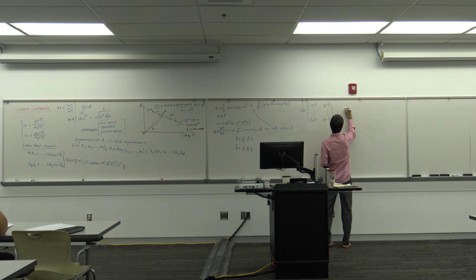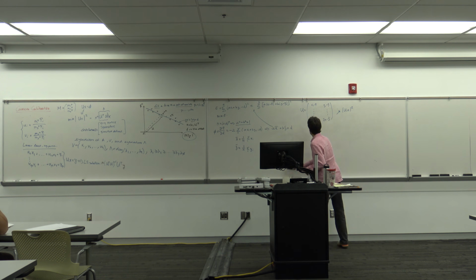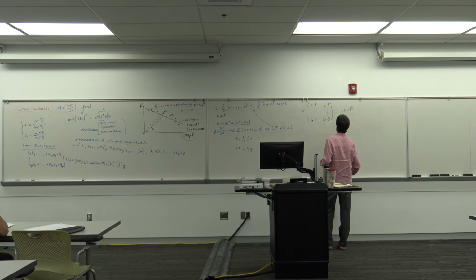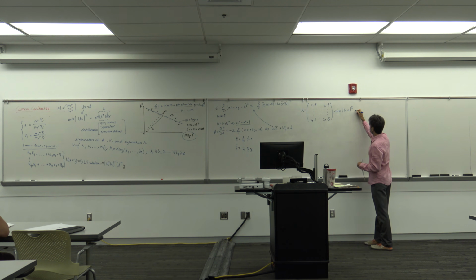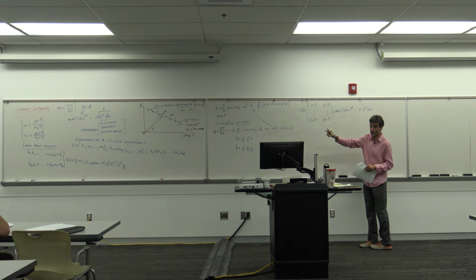Therefore, I can minimize the norm of Un squared, which is again equal to n transpose U transpose U n. And then n has to have norm 1.